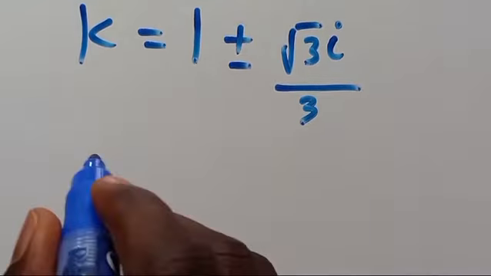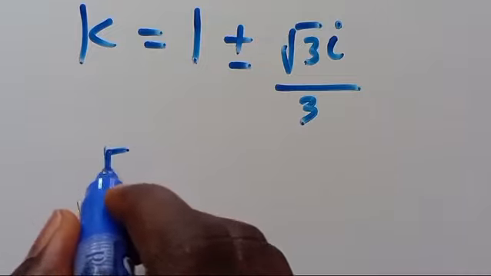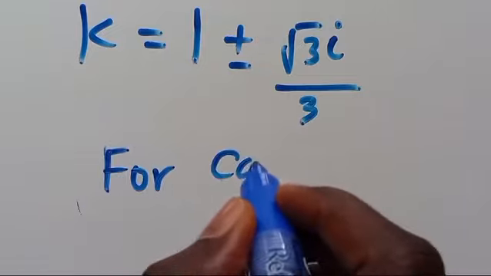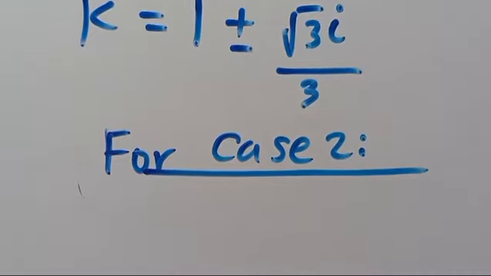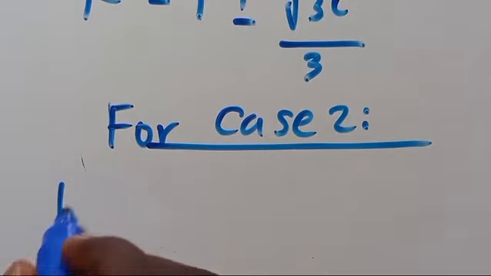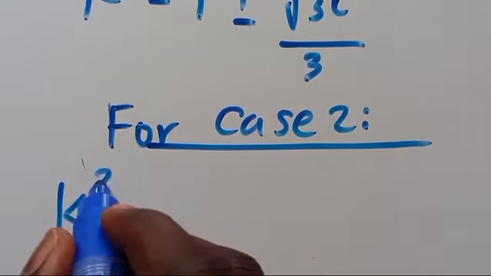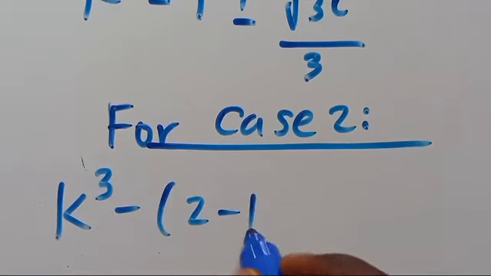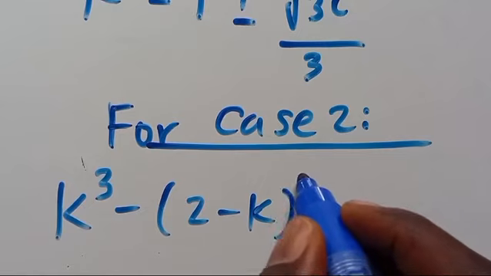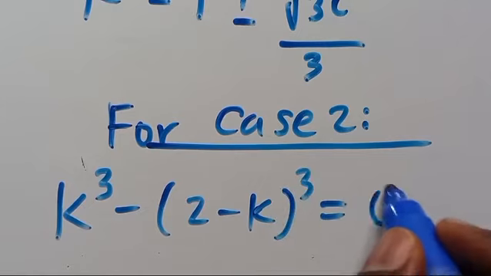For case 2, we have k to the power of 3 minus (2 minus k) to the power of 3 equals 0.